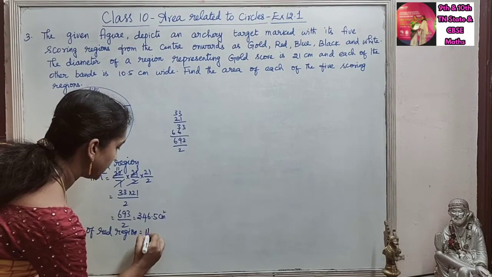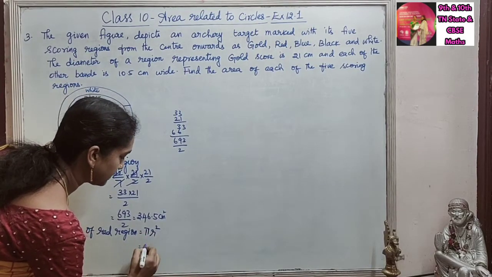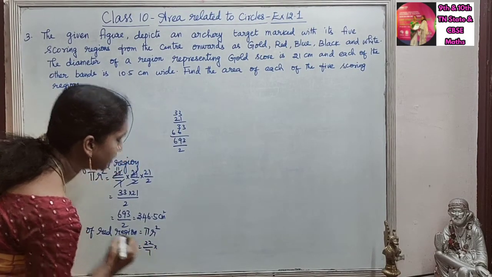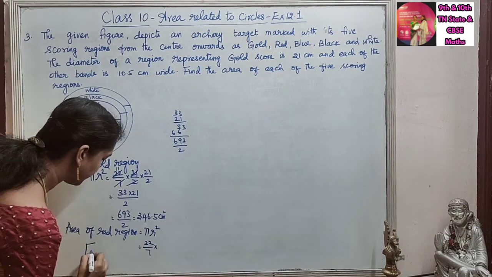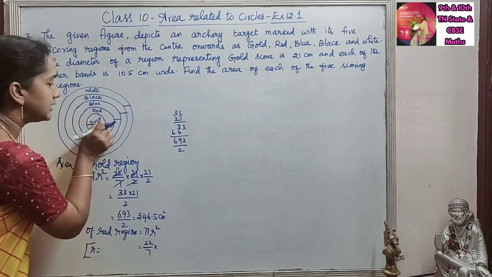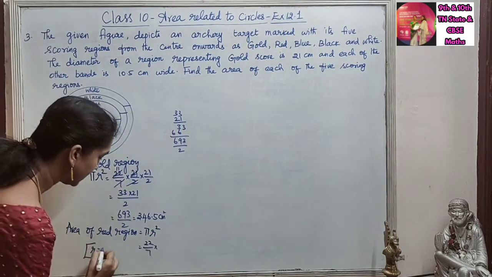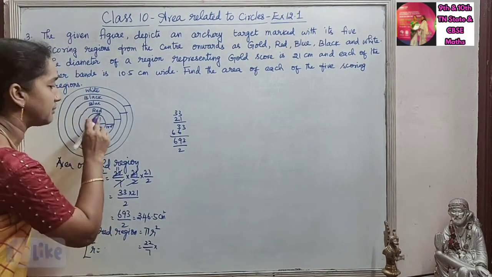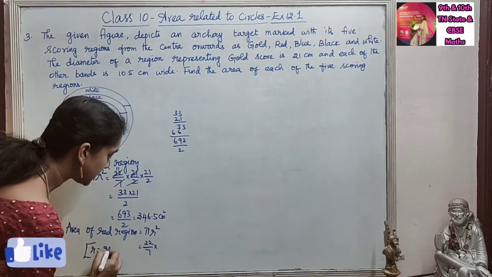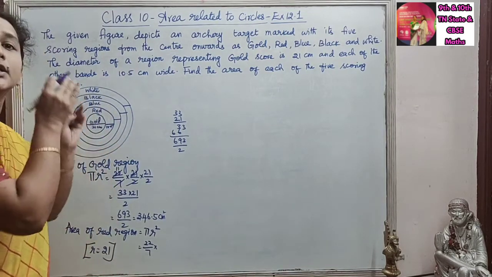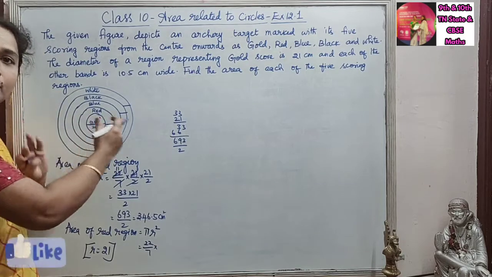Okay, is equal to pi r square. So this pi is 22 by 7 into radius will be, this is 21 by 2, that is 10.5 plus 10.5 will be the radius of that. So 10.5 plus 10.5 is, radius will be 21 for the red region, that is along with the gold.